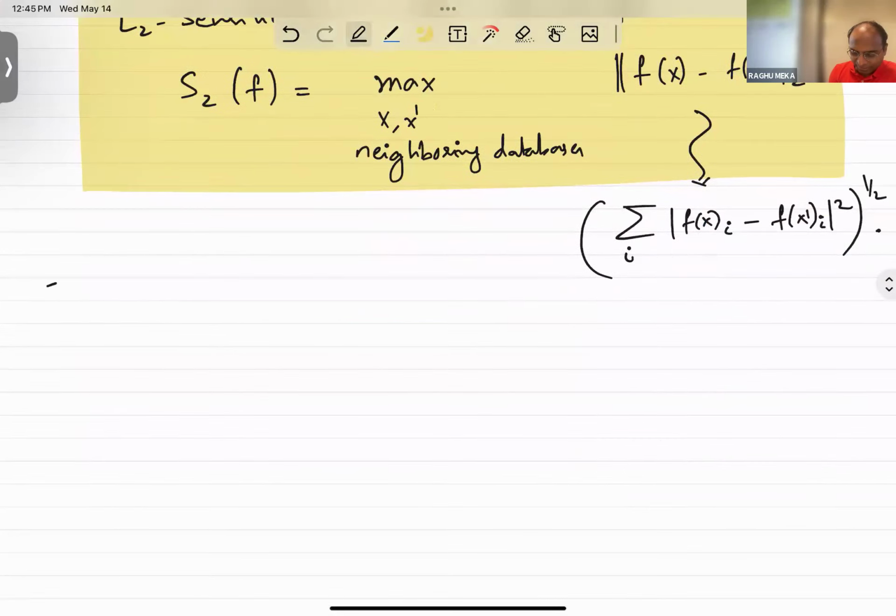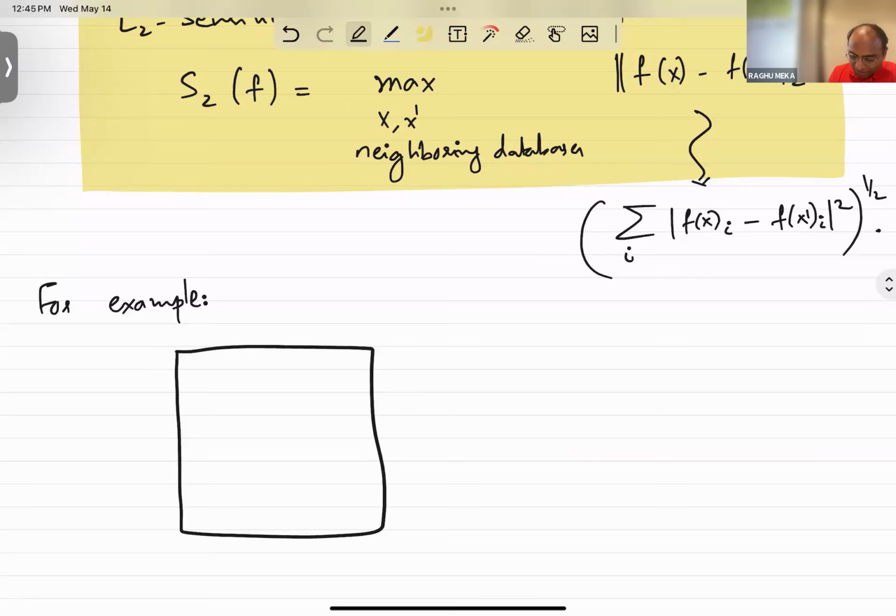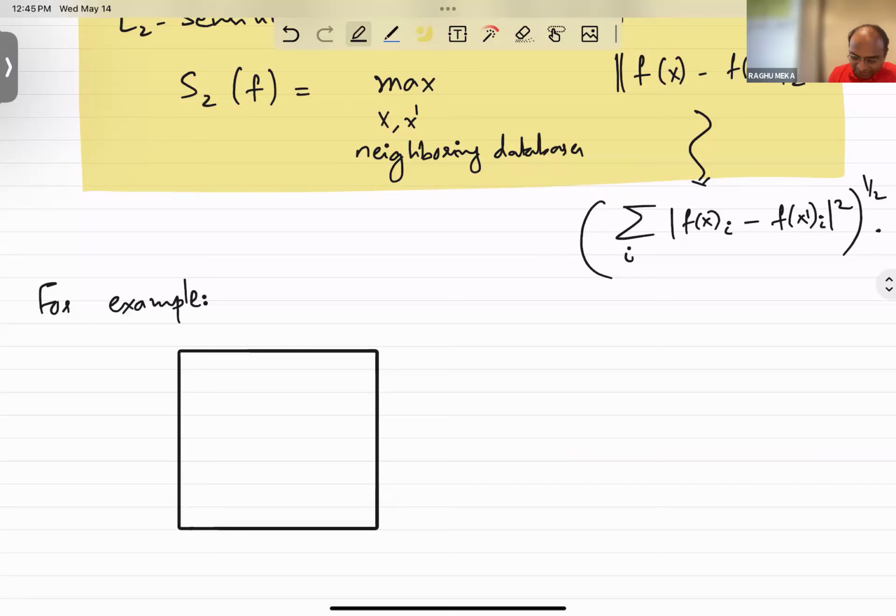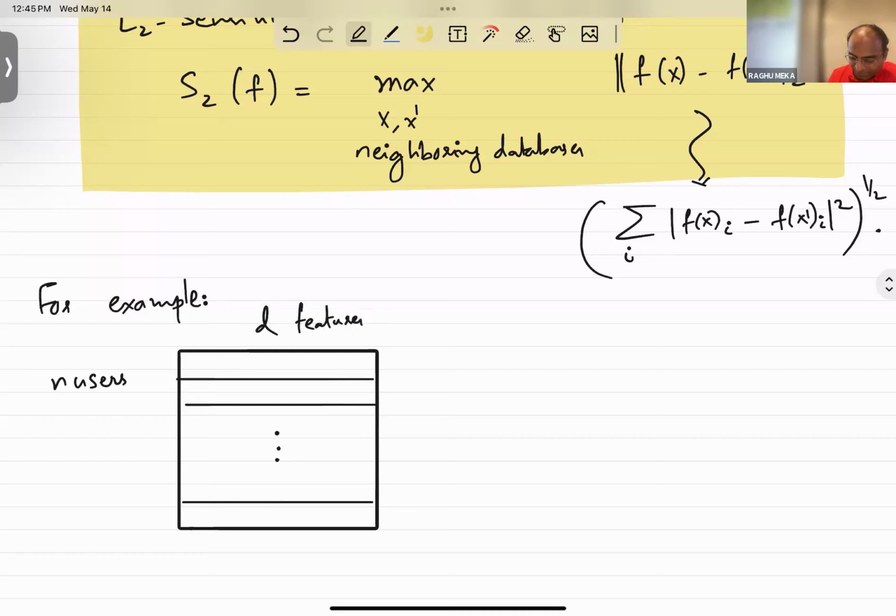Right. So for example, let's consider computing the mean, but now I have a database. So we have n users and d features or attributes. Each user has d attributes, maybe one is height, weight, and so on and so forth.